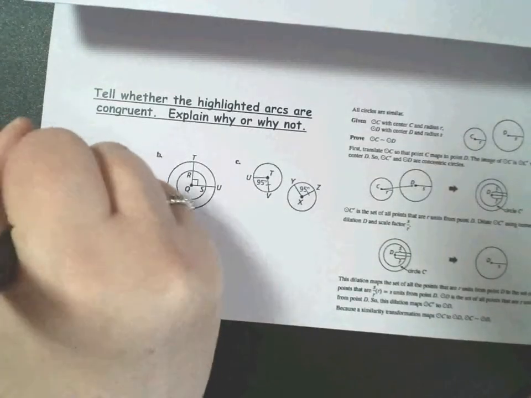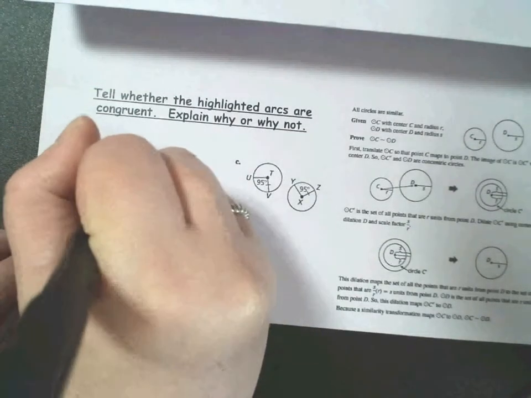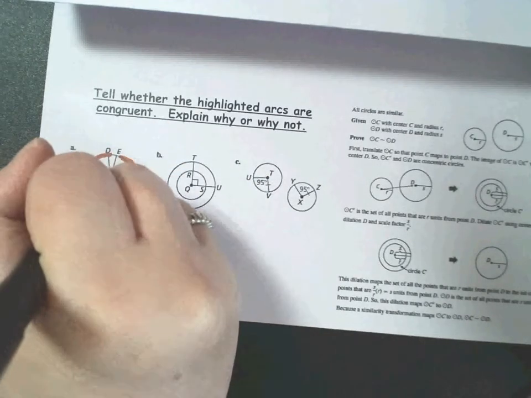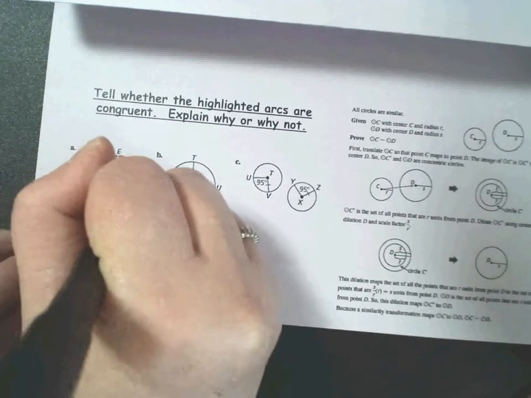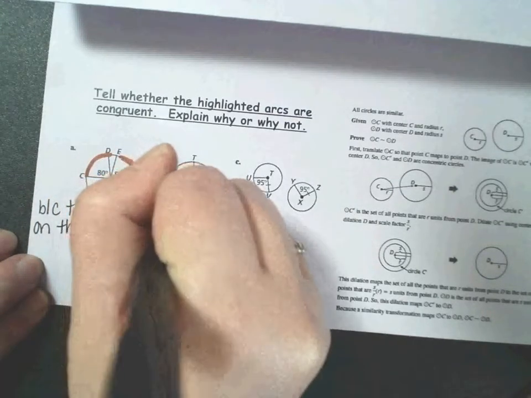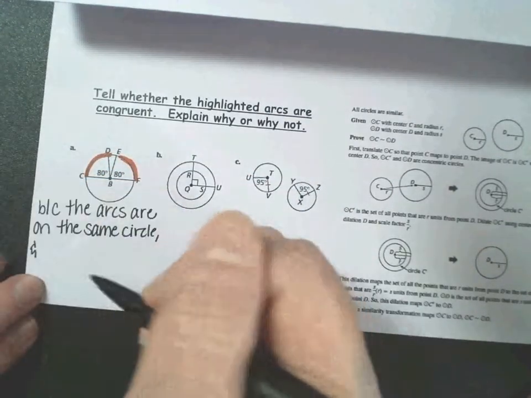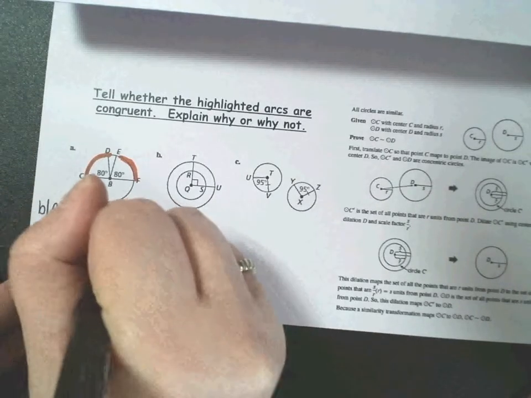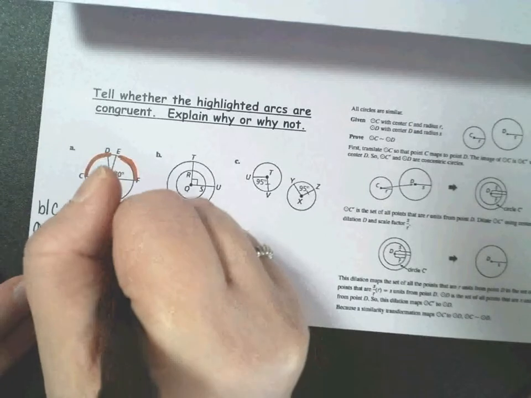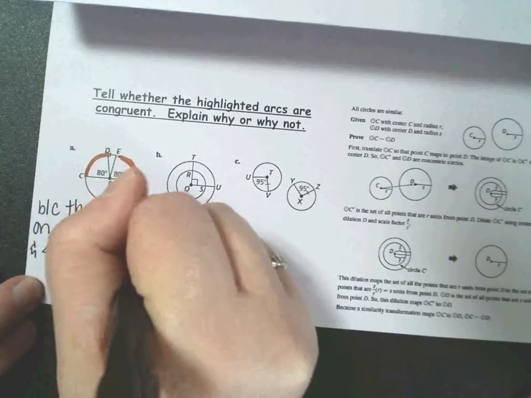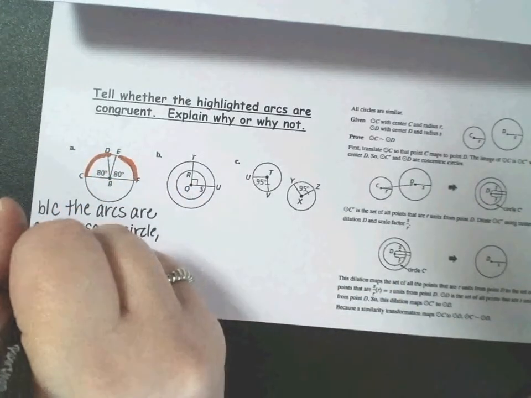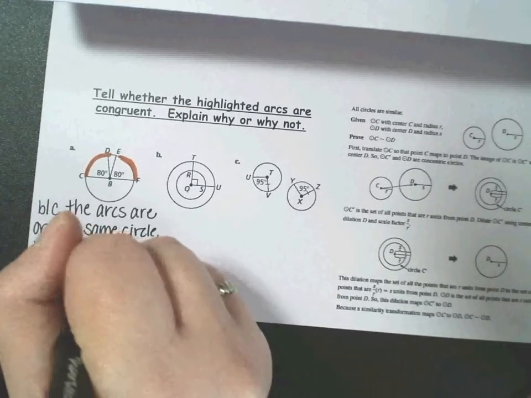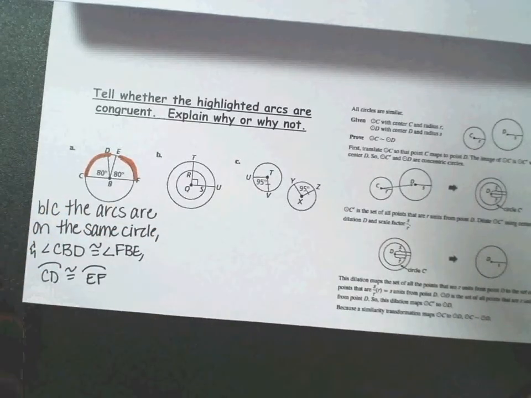So, because the arcs are on the same circle, and angle CBD is congruent to angle FBE, we can say that arc CD is congruent to arc EF.